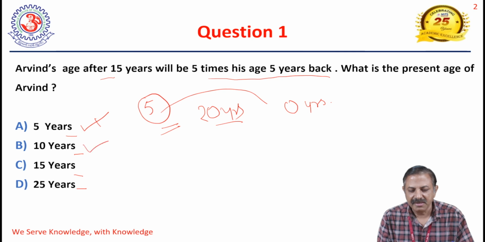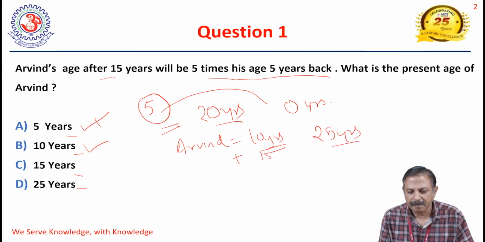Let us see the second option. Let Arvind's age be 10 years. After 15 years, we should add 15. He will become 25 years. So what is the second part of the question telling? Arvind's age after 15 years will be 5 times his age 5 years back.